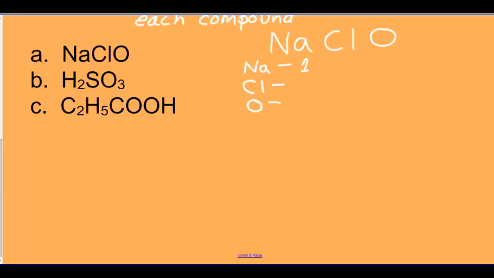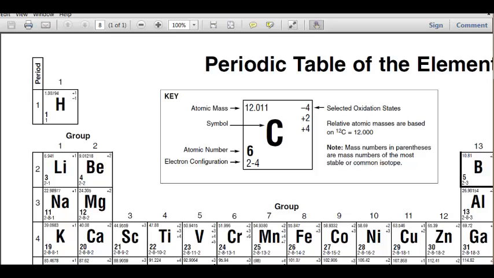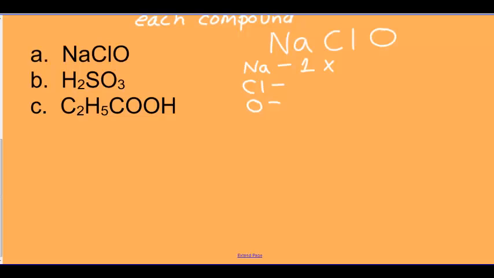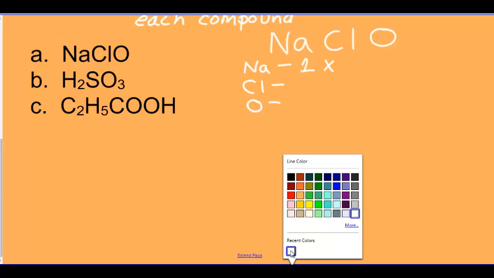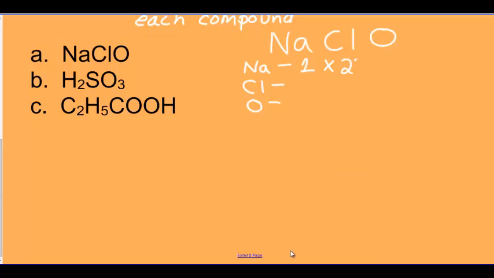We have one Na, whose mass on the periodic table, remember where I'm getting mass, right here, I round to the nearest whole number, is 23. Then we have one chlorine, whose mass is 35, and one oxygen, whose mass is 16.